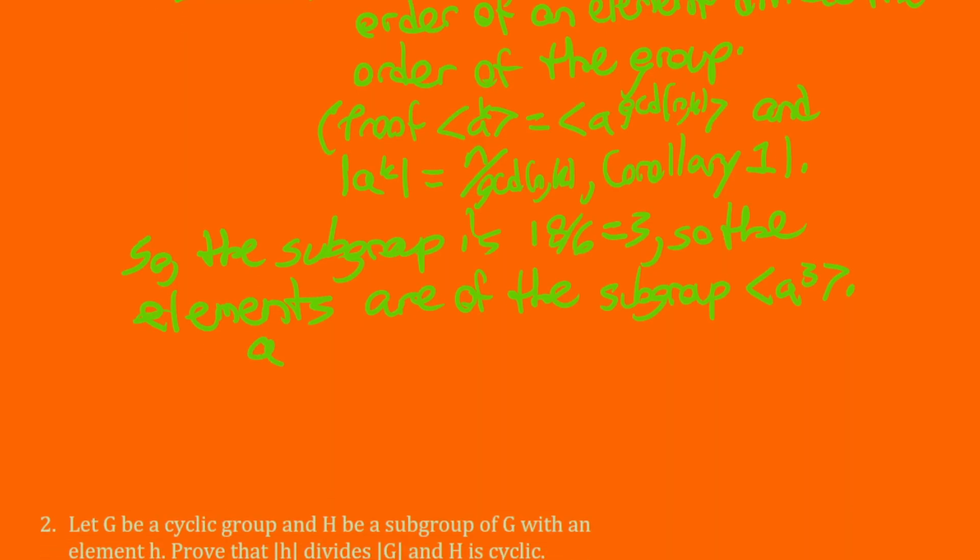A3 is a subgroup of G, and the elements are E, A3, A6, A9, A12, A15.